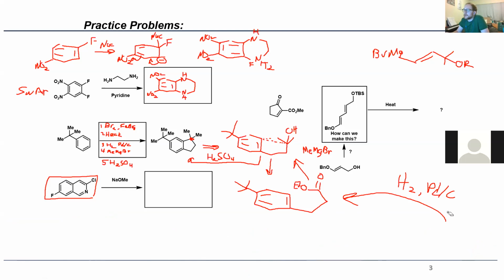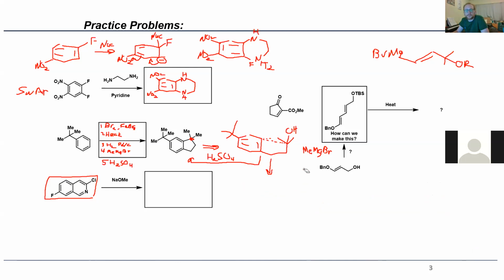So if both Meisenheimer complexes are equally stabilized, then fluoride will react first. In this case, the chloride had more stabilization and therefore reacted first because it belonged to a more electron deficient ring. But in general, fluoride would react first.